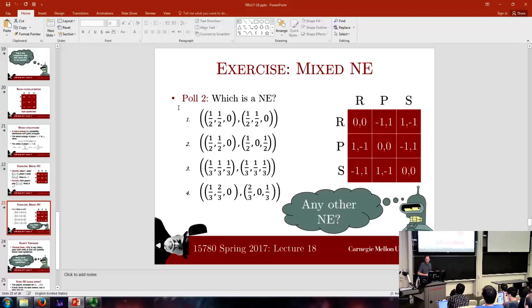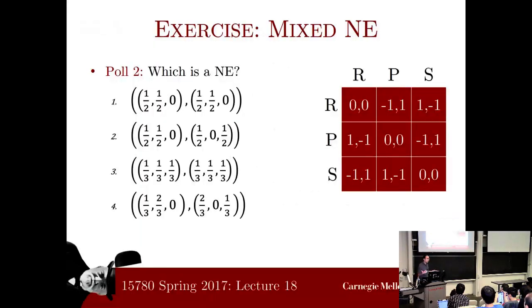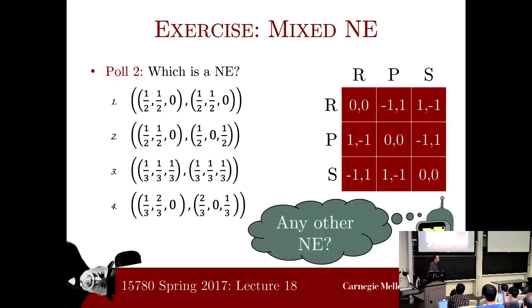Okay. Right. So definitely there is a deviation for each player that makes that player better off. And more generally, it's not hard to show that randomizing uniformly at random is the only Nash equilibrium in this game. And it could be a nice exercise, if you guys are bored at home.